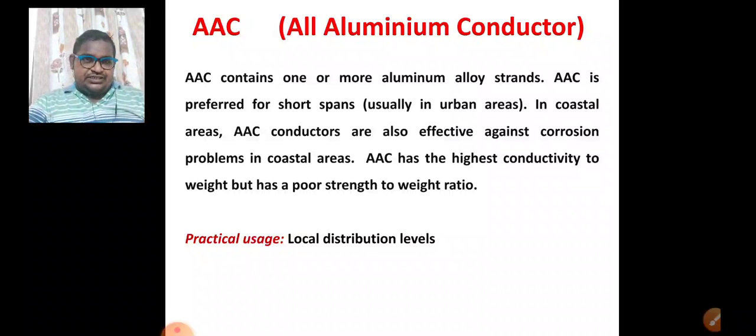And all aluminum conductor is preferred for short spans. So we use such kind of stranded conductors in urban areas. In coastal areas also, AAC conductors are effective against corrosion problems.